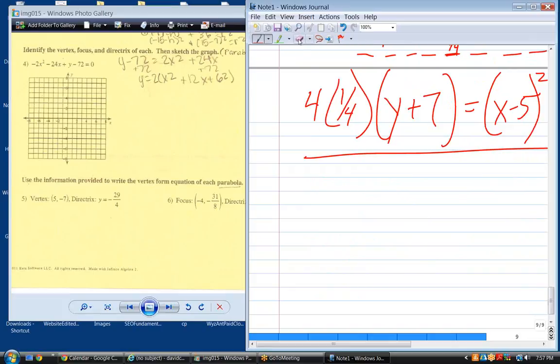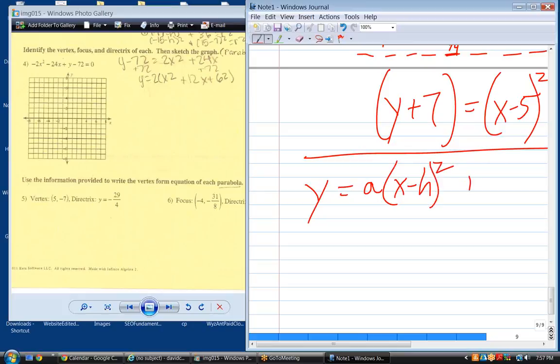First of all, I can erase that. Remember, vertex form is... so what is this equation in vertex form? So 1/4. No, the one, this A, I'm sorry, I shouldn't have written it like this. I completely forgot.